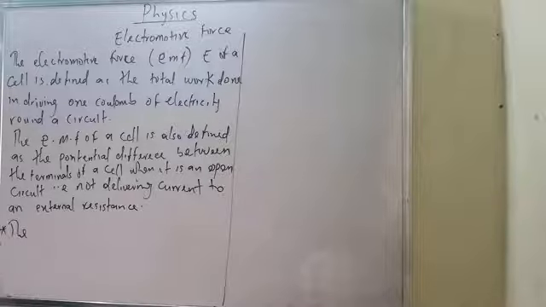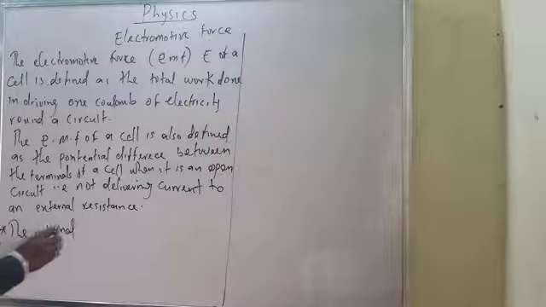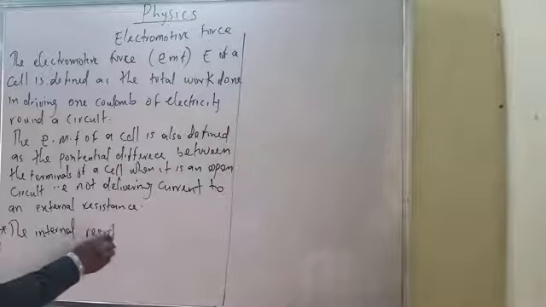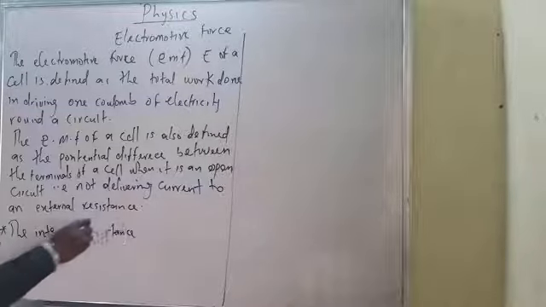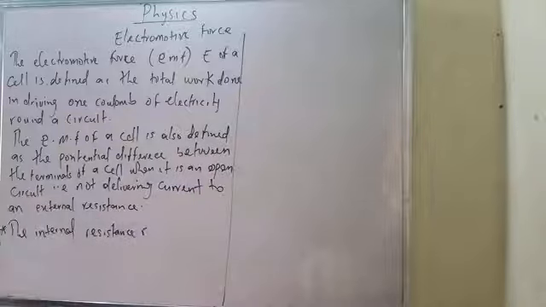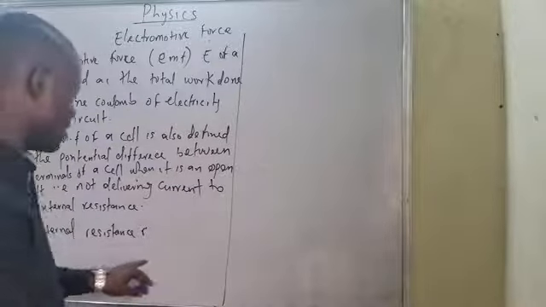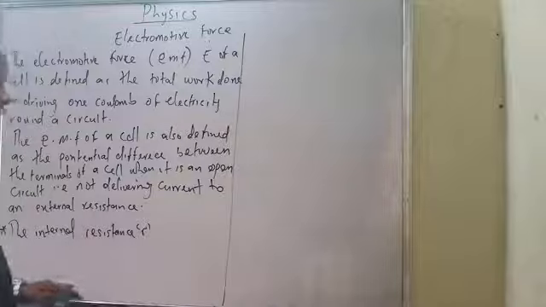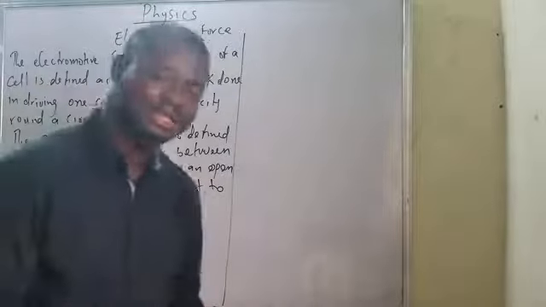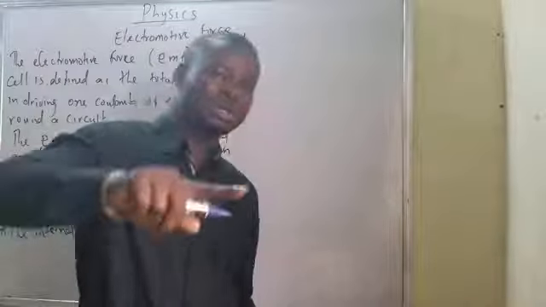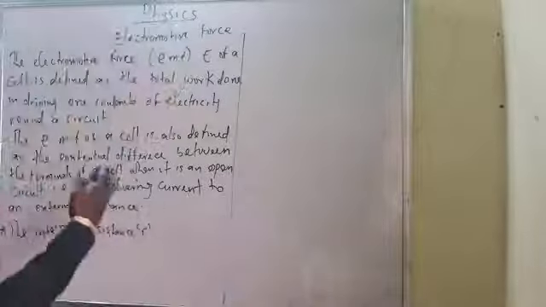Now let me quickly explain the second outline, the internal resistance. The internal resistance is always denoted by small letter r. External resistance is denoted by capital letter R. Please take note of that.